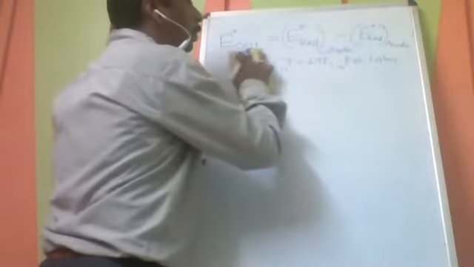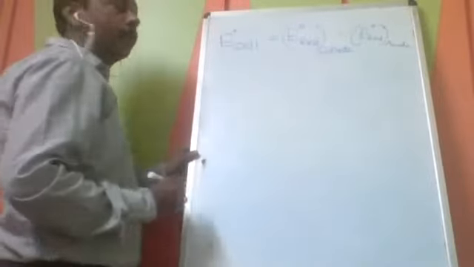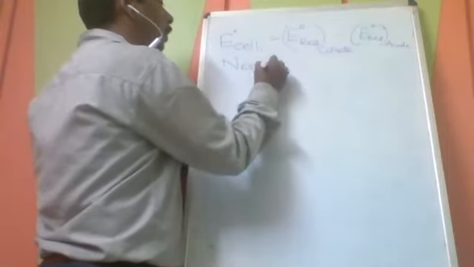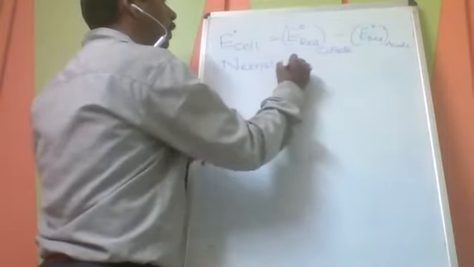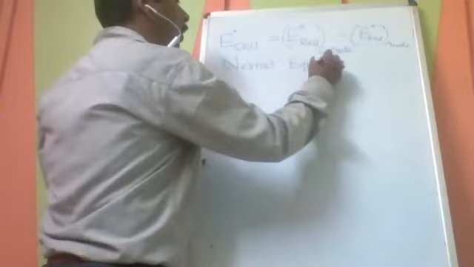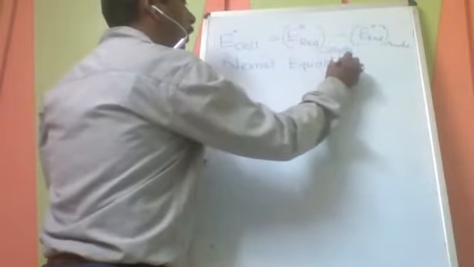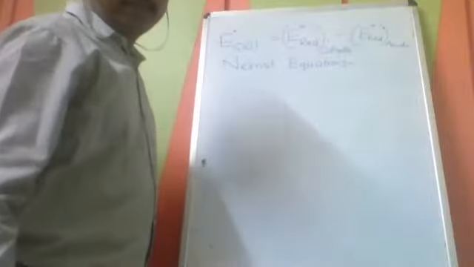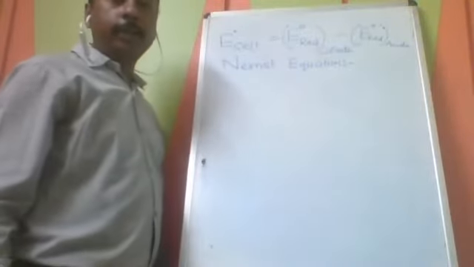Is it understood? Now, if we have a single electrode, then we will use the Nernst equation. The Nernst equation gives an idea about the variation of temperature and concentration.